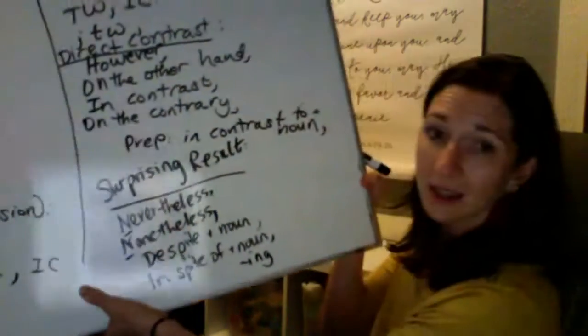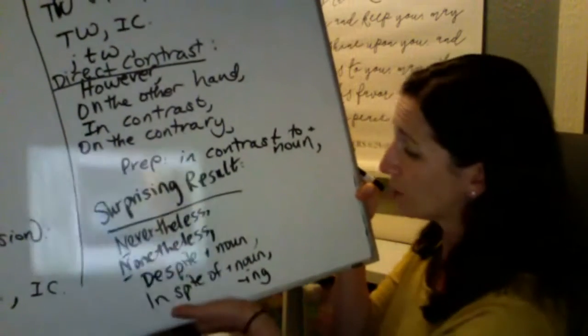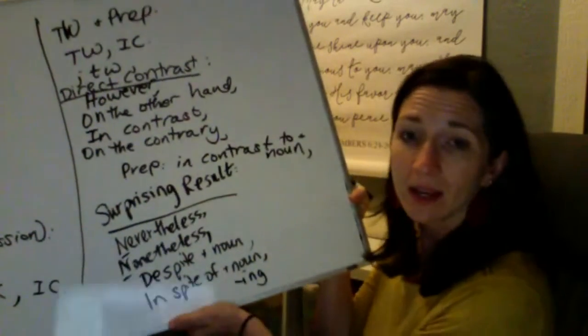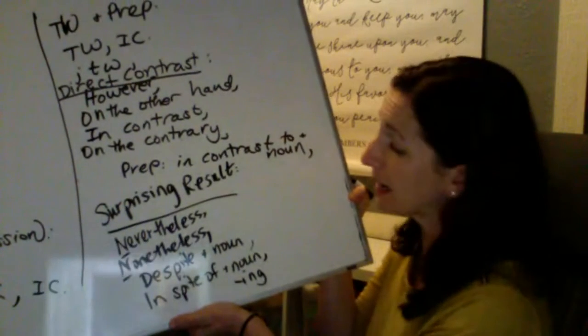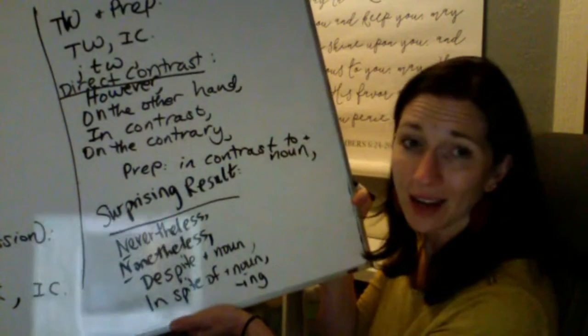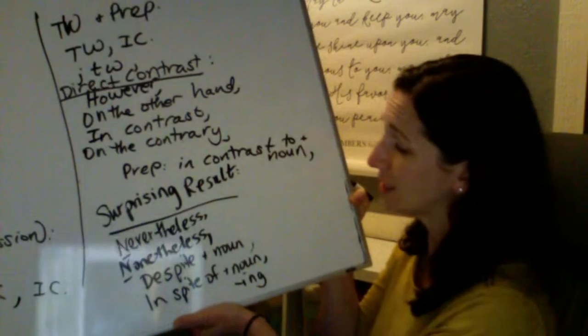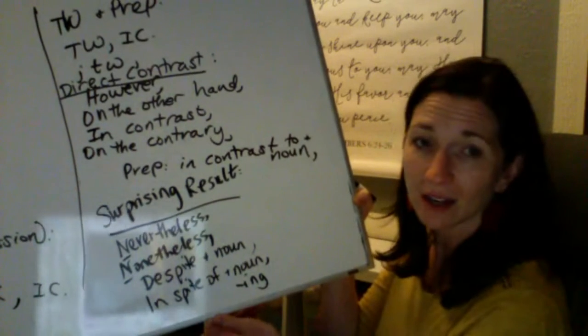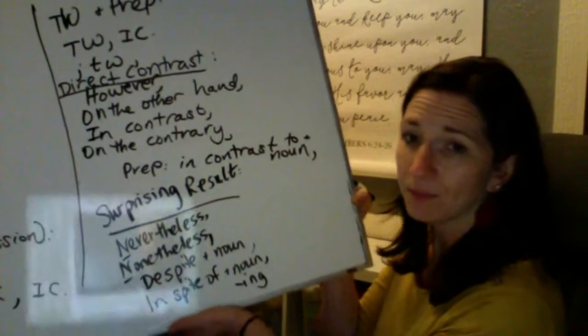Despite being very cold outside, comma, I didn't wear my coat. Despite, in spite of studying all night, comma, I still didn't do well. So with both of these, you'll often see the ing gerund.